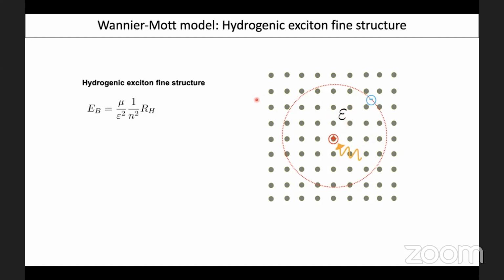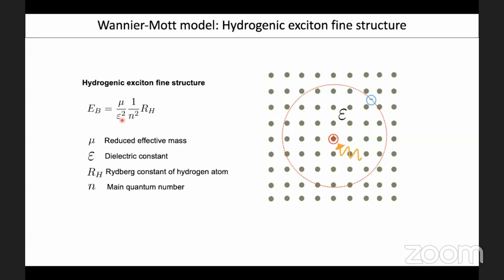And so we can calculate the exciton fine structure or the exciton binding energy of this exciton by this hydrogenic formula, where we just basically have to solve the hydrogen Schrödinger equation, but replace the mass of the electron by a reduced effective mass of the electron hole pair. And then screen the Coulomb interaction by the dielectric constant of the semiconductor. So that's what we can do. This is just telling you what the ingredients of this equation are.